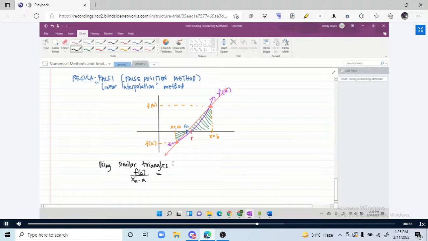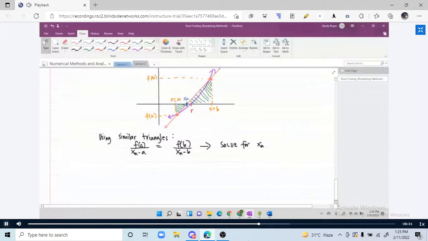And then for the larger triangle, the altitude is f of b. And the length is b minus x sub n. Or, since we remove the negative sign of this, the length of the base of the bigger triangle is x sub n minus b. Okay, so from here, you solve for x sub n.